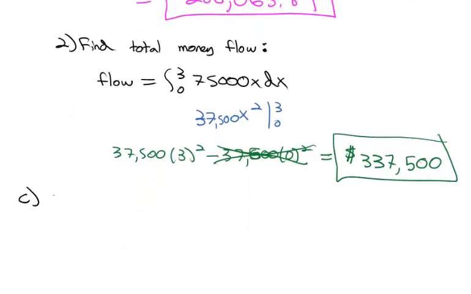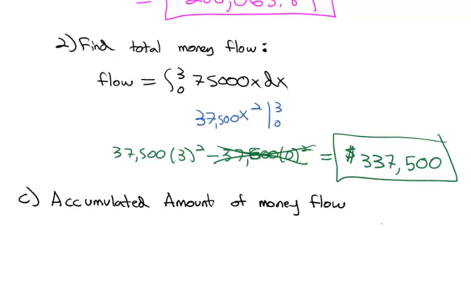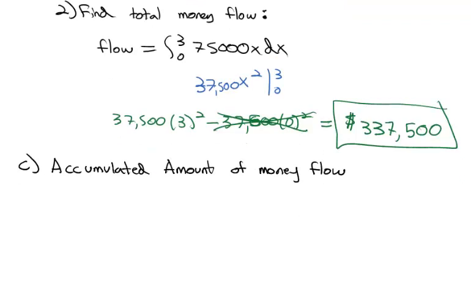One last thing we can look at, though, is what you're probably most interested in as a business owner, your accumulated amount of money flow, or the total money flow plus the interest earned.